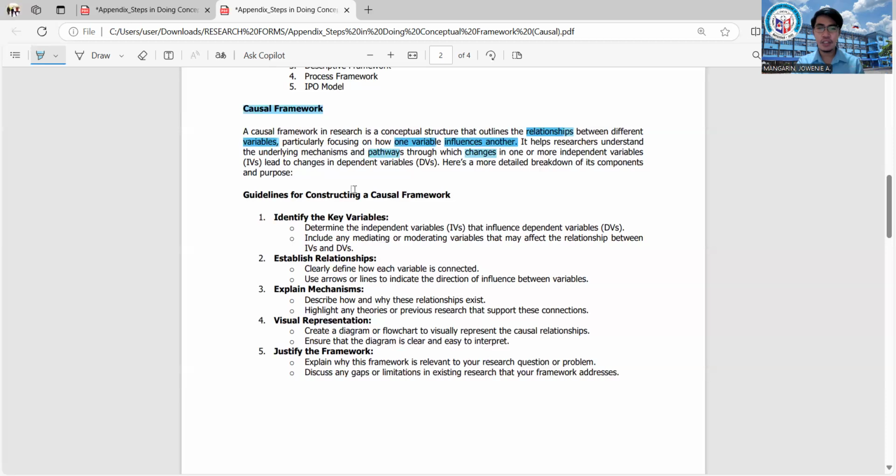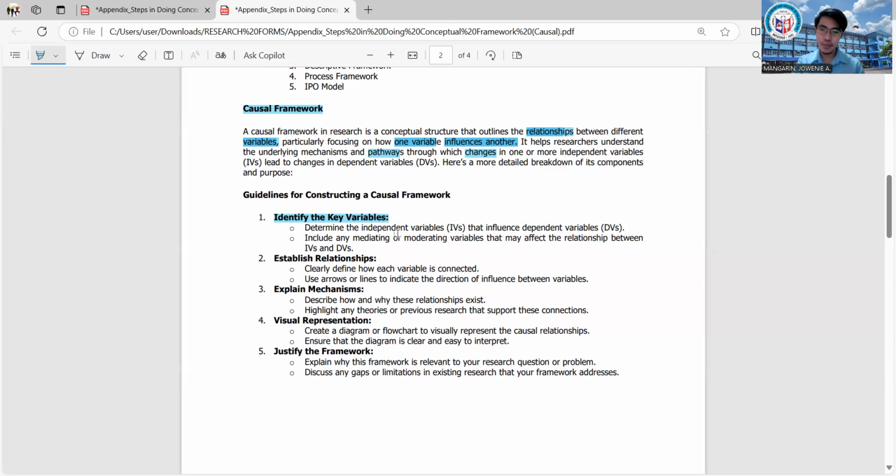The first thing that you need to do when you create a causal framework is that dapat appropriately na-identify mo kung ano ba yung mga key variables na meron tayo sa research paper natin. Technically, ang key variables na kailangan mong ma-identify dito ay yung mga sumusunod.